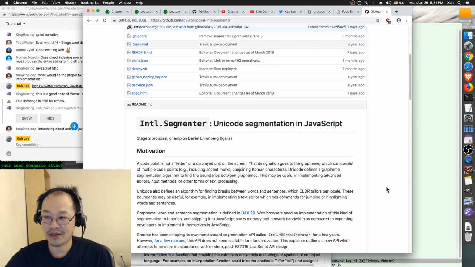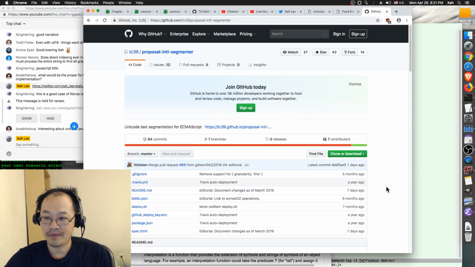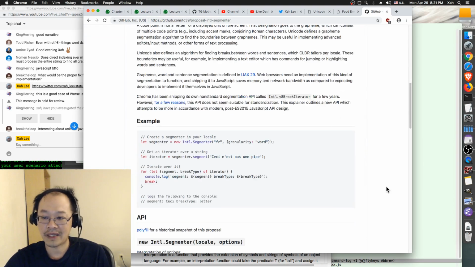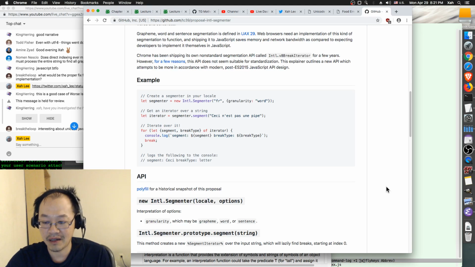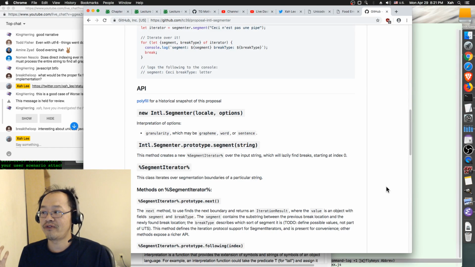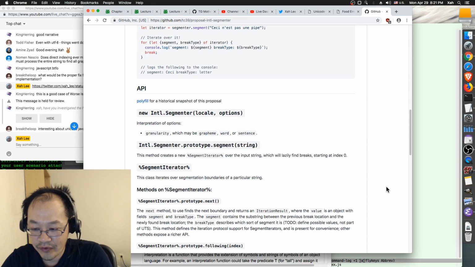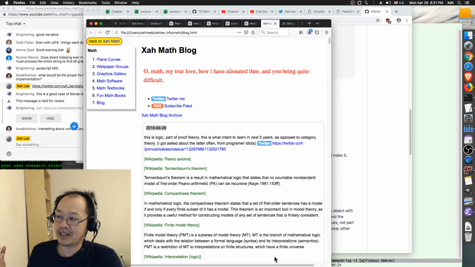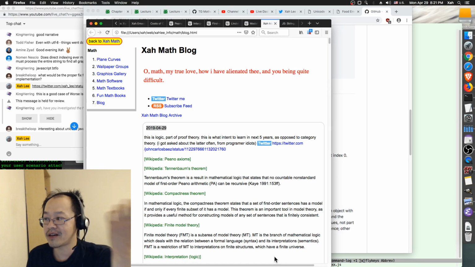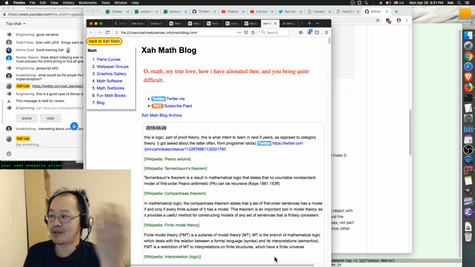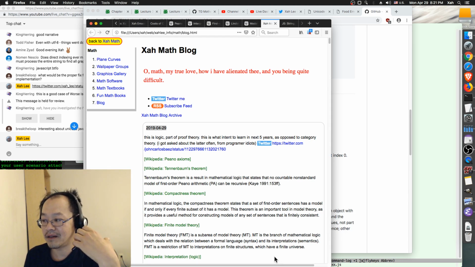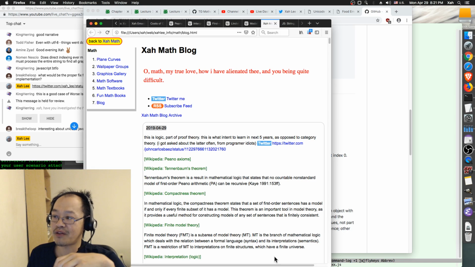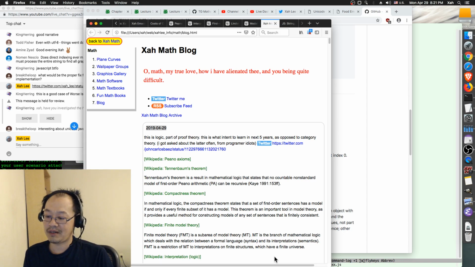So you might check out this page, which discusses that in detail. Different languages deal with the Unicode problem in different ways. For example, Python 3 created a way so that every string is just Unicode code points.